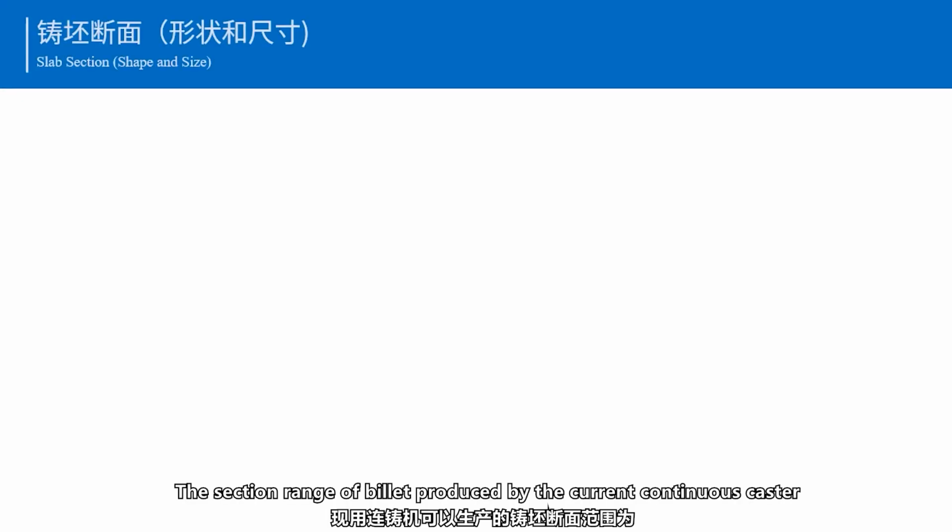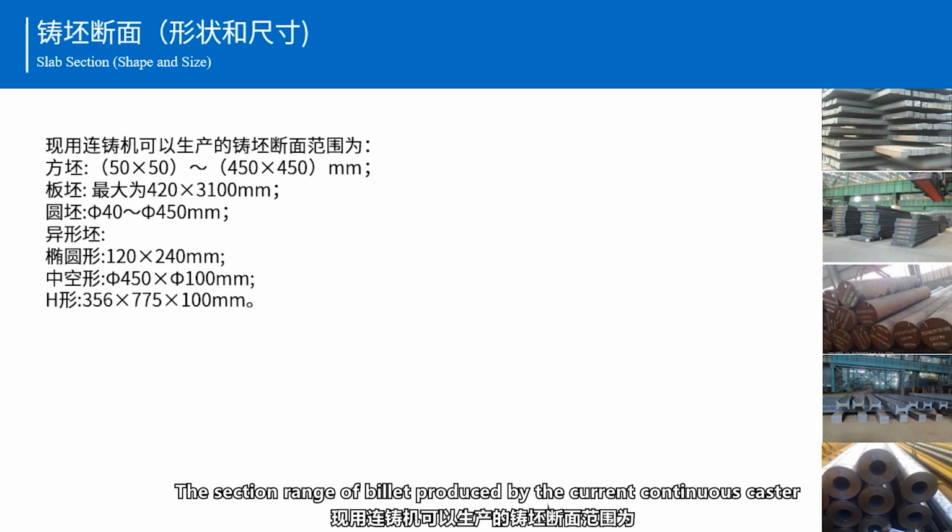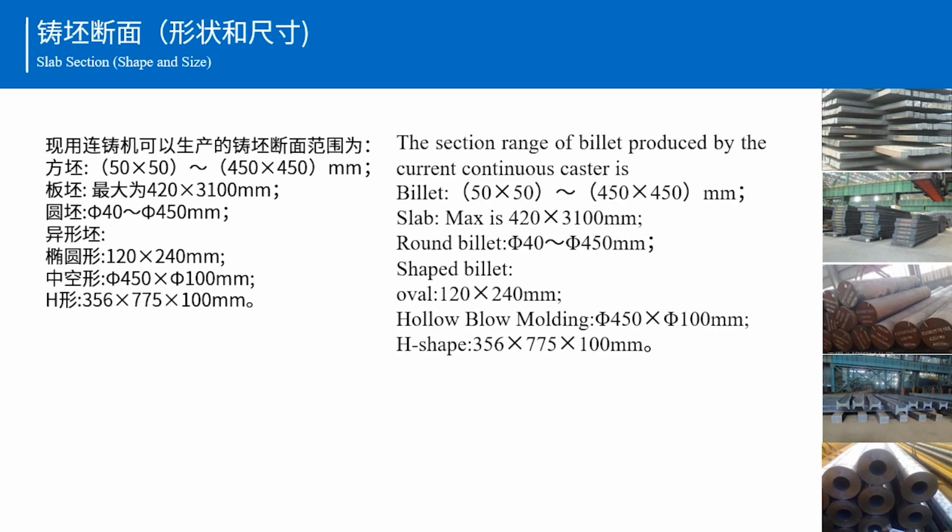The section range of the billet produced by the current continuous caster is: billet 50 times 50 to 450 times 450 mm. Slab maximum is 420 times 3100 mm.